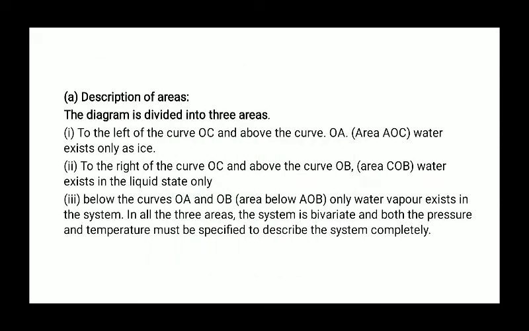To the left of curve OC and above the curve OA, that means area AOC, water exists only as ice, whereas in the area COB, water exists in liquid state only. Below the curve, that means in the area AOB, only water vapor exists. In all the three areas, the system is bivariant and both pressure and temperature must be specified to describe the system completely.